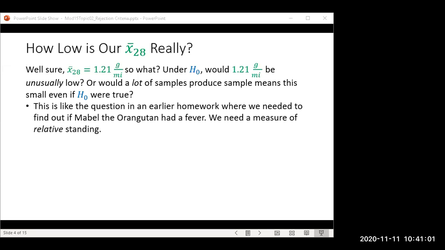It's like the question in an earlier homework, whether we needed to find out if Mabel the orangutan had a fever. Her temperature was 88 degrees Fahrenheit. Is that a fever? We don't know, because we don't know how she stands relative to other orangutans. We need a measure of relative standing.